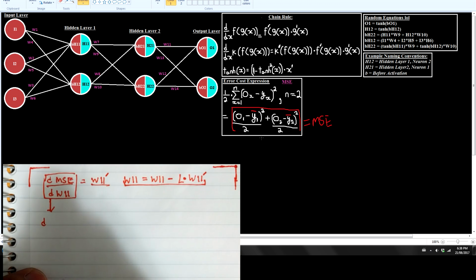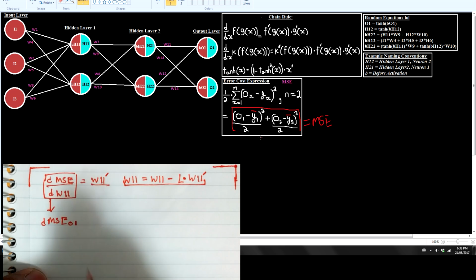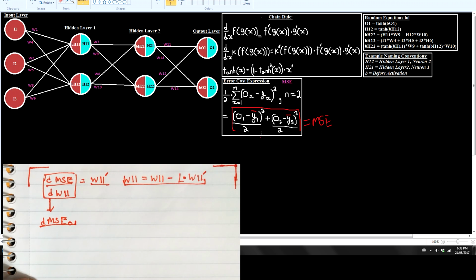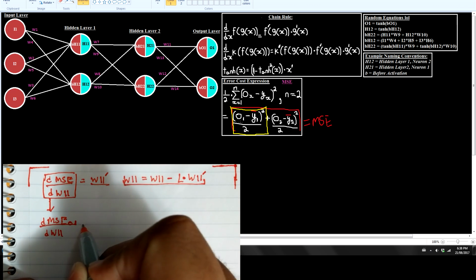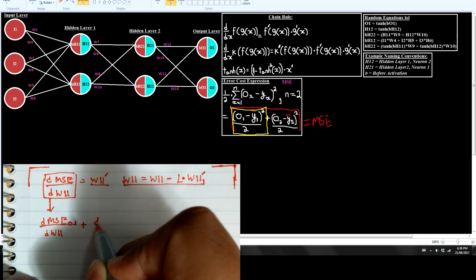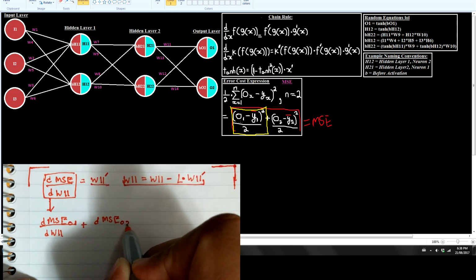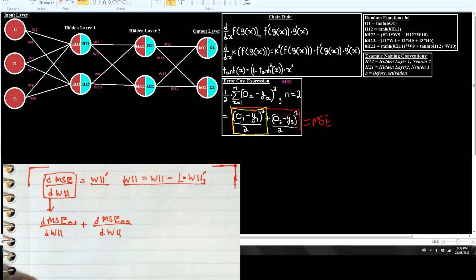So the derivative of mean squared error of output 1, which is essentially the first part of the formula, this part, with respect to weight 11, plus the derivative of mean squared error of output 2 with respect to weight 11.